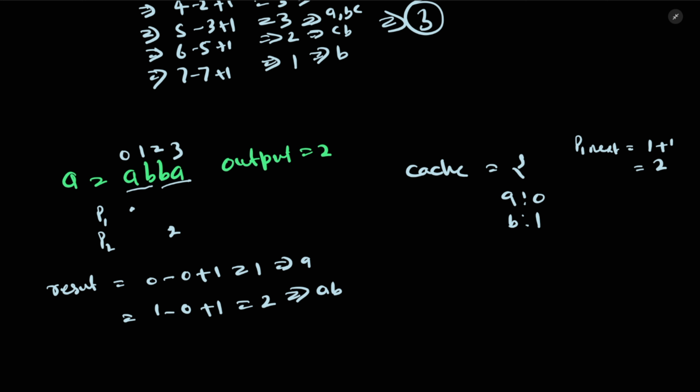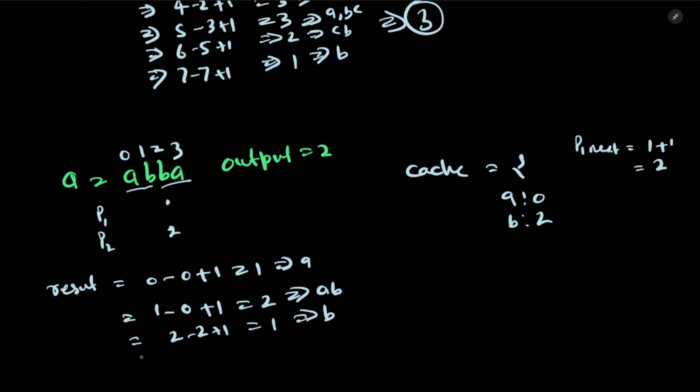So this will move to here, and we can calculate the result. So result will be 2 minus 2 plus 1. Okay, so this will be 1, and the substring will be b. And we will update the current position of the b, and that is going to be 0 1 2, so this is going to be 2.